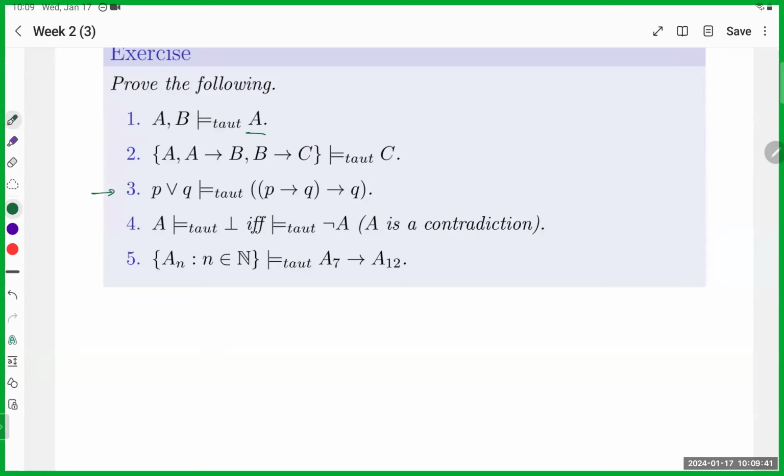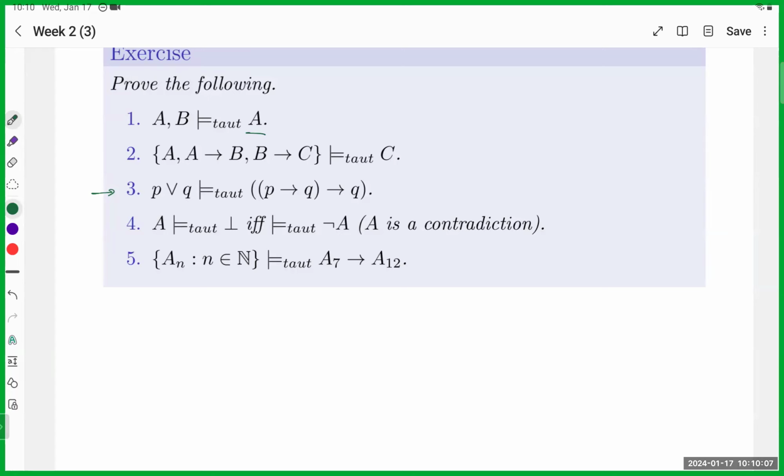And the fifth one says that if you have infinitely many hypotheses, A1, A2, all the way to infinity, then together they tautologically imply A7 implies A12. I randomly chose those numbers actually. So I can prove one of them.